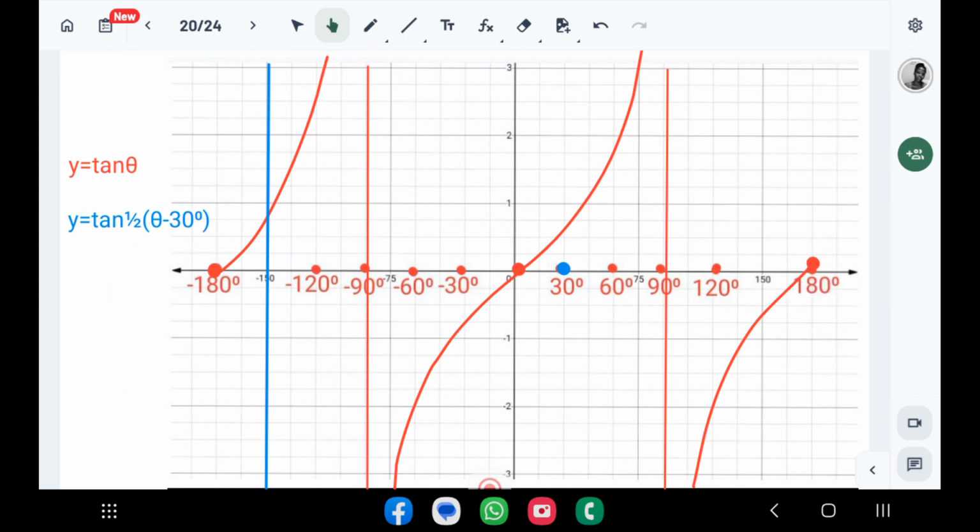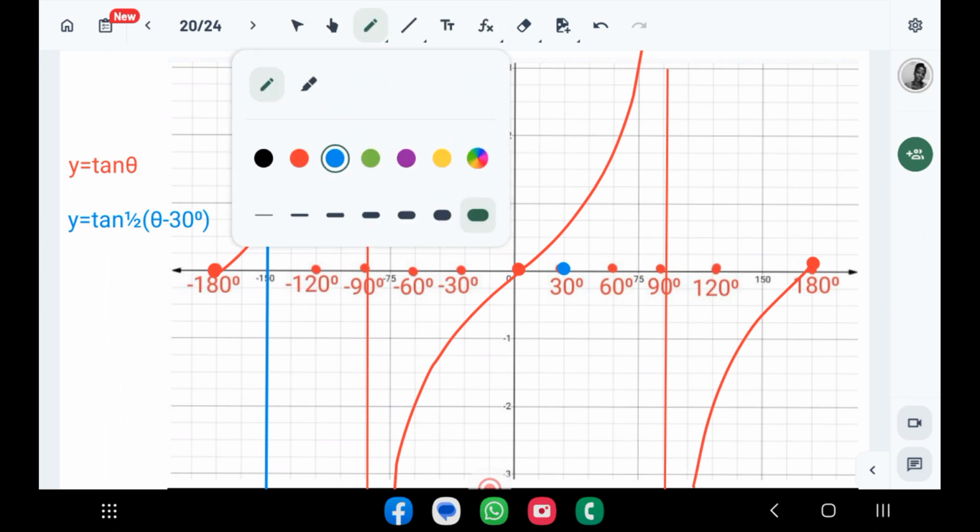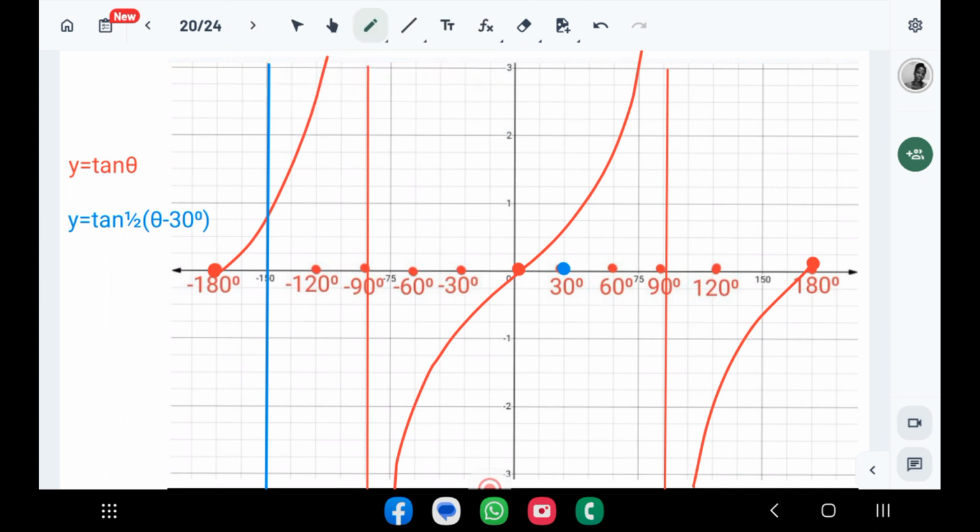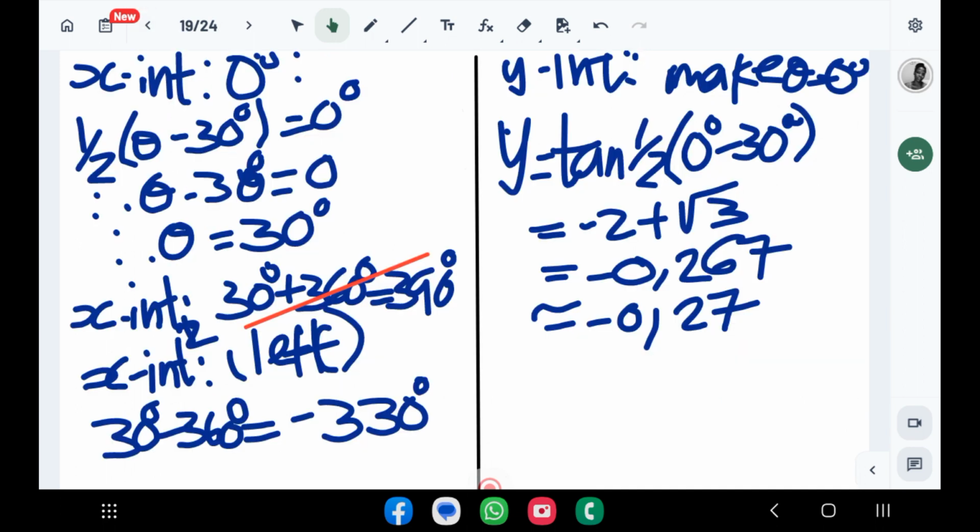So now let's draw this graph on the bit that we can find. This will be at the bottom, like this. We have to figure out what that point is, so let's calculate it.